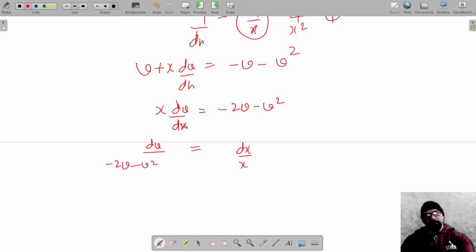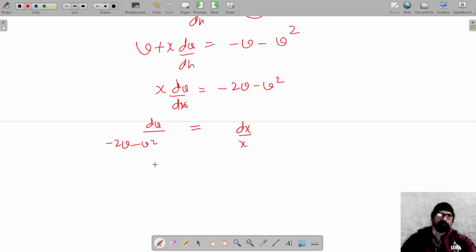So finally we have separated the variables. We can also take the negative out and shift this to the other side. So I can write this as dv upon 2v plus v² equal to negative of dx by x.